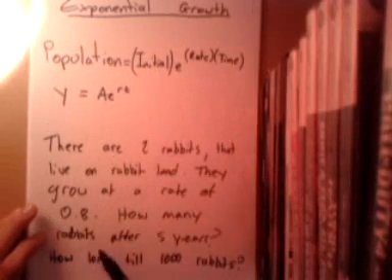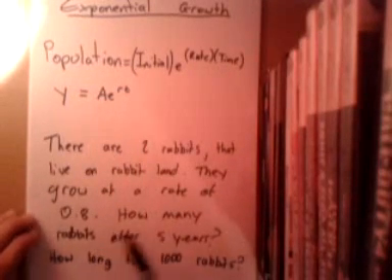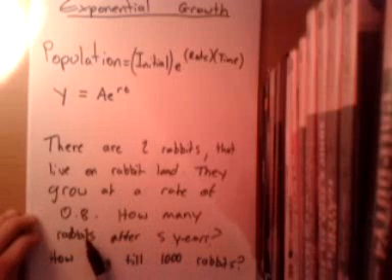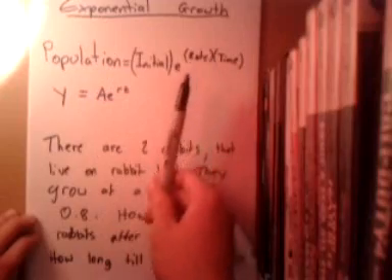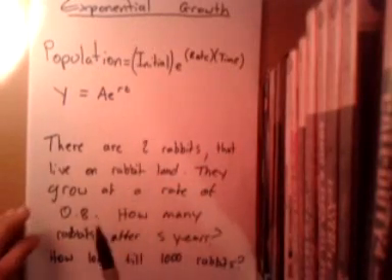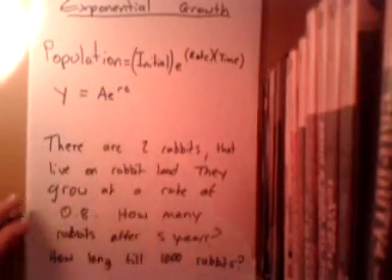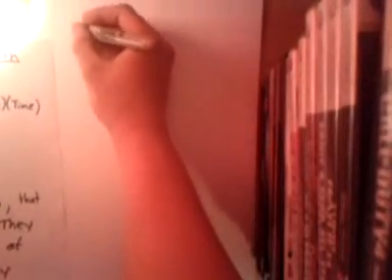Our rate. Okay, and the first bit of the question says we've got how many rabbits after 5 years. That's our time. So what we're aiming for is the population, which is y. To get this, we've first got to write down our initial value. We know that's 2.